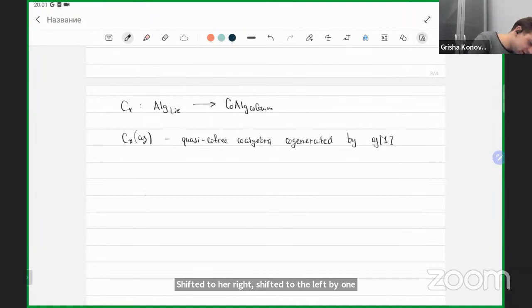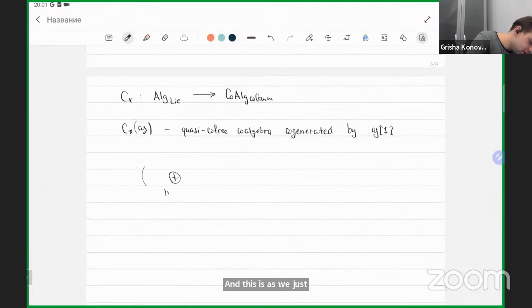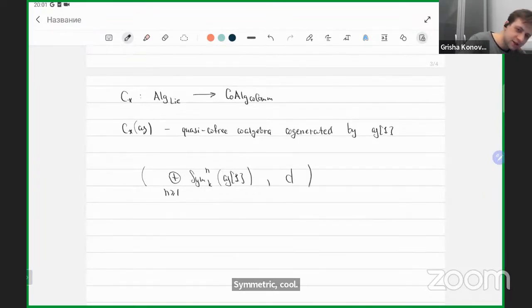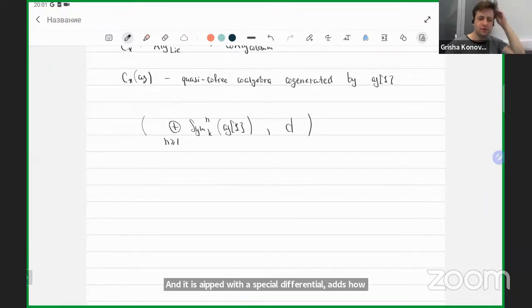And this is, as we just discussed, the symmetric coalgebra. And it is equipped with a special differential. I want to define the differential.